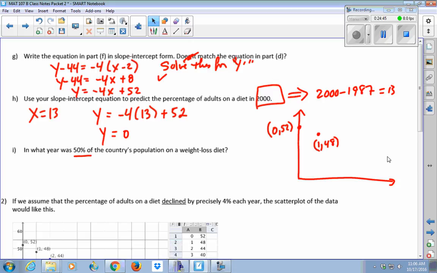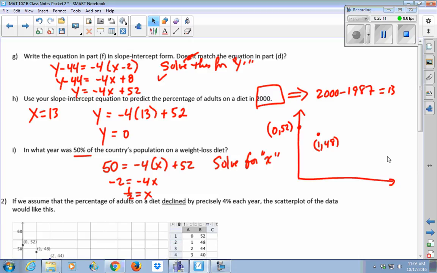So now 50% is our y value, so I put a 50 in, and I get -4 times x plus 52. And I'm now trying to solve for the year after 1987, so I'm solving for x now. It's always important to know which of the variables you're solving for. I subtract 52 from both sides, and I divide both sides by -4.